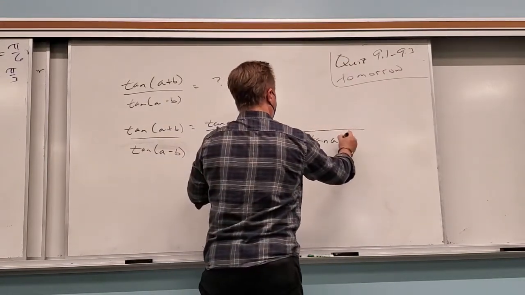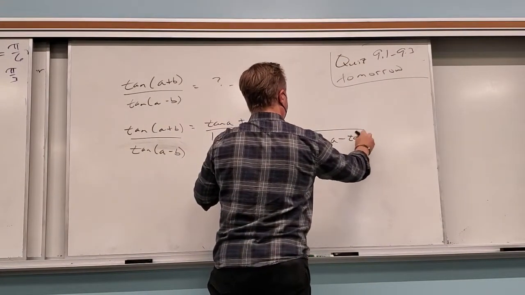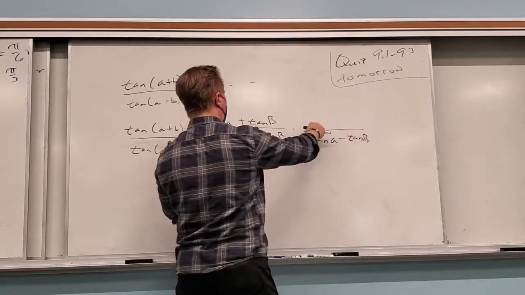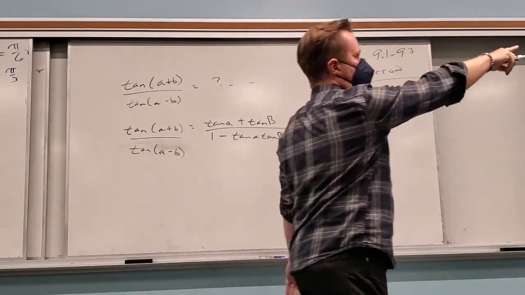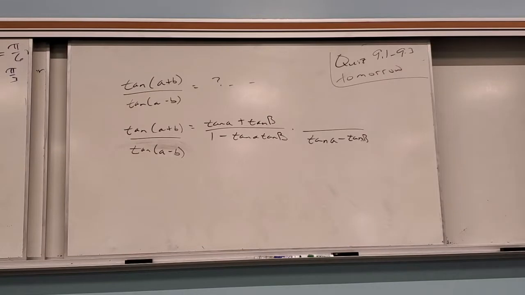So tangent A minus tangent B. Oops. And what goes on top? So reciprocating this, what do I choose here? 1 plus. Again, why? Because it's tangent A minus B, so I choose the bottom option.